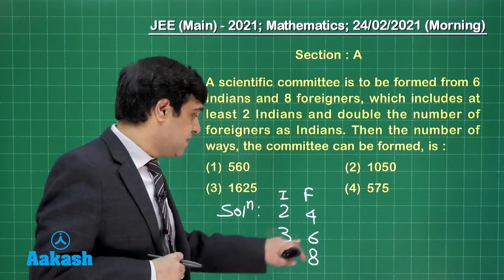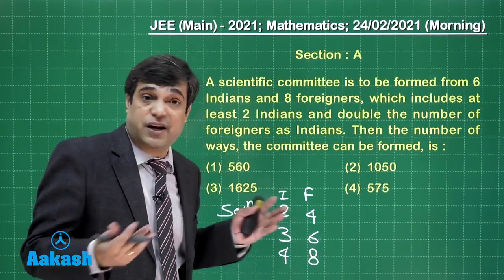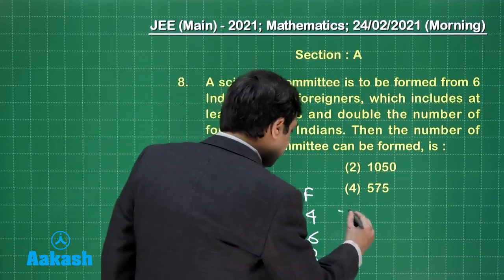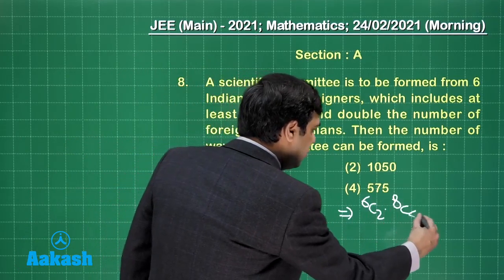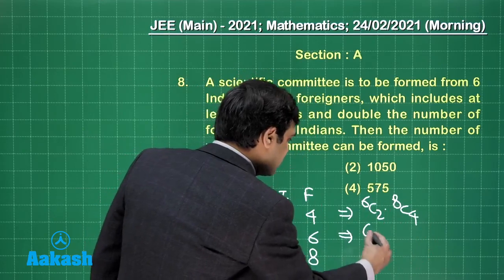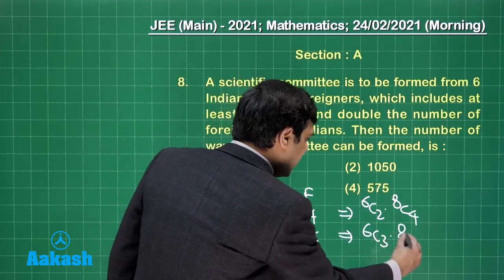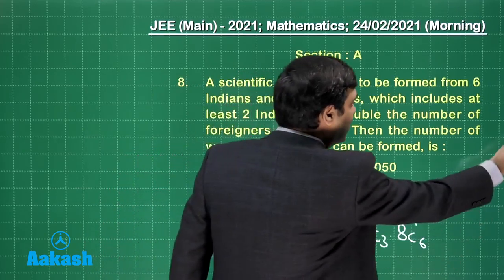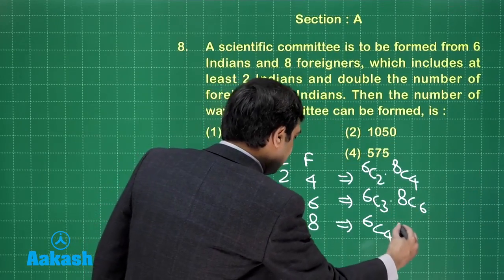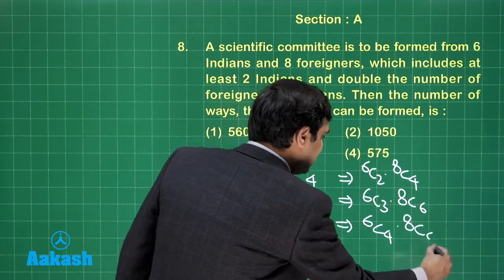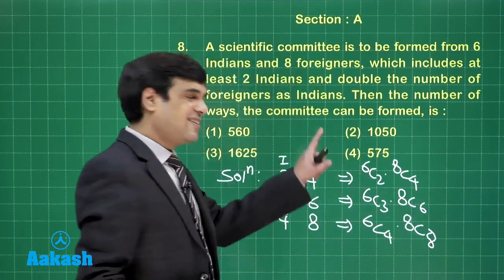If you say 5 Indians, there must be 10 foreigners, which are not there. So for this purpose, you will say 6C2 into 8C4. This is equal to 6C3 into 8C6. And the last one, 6C4 into 8C8. Correct? Just simplify.